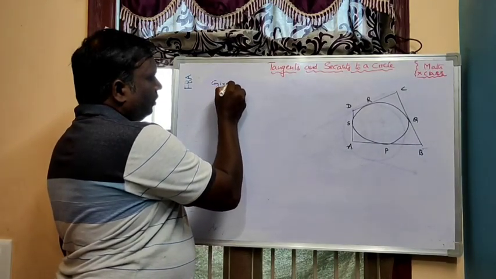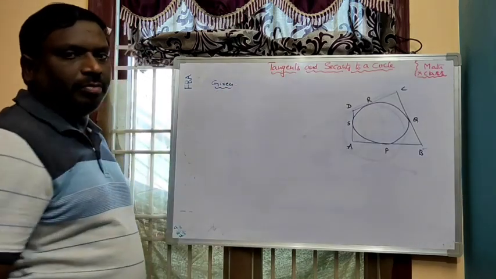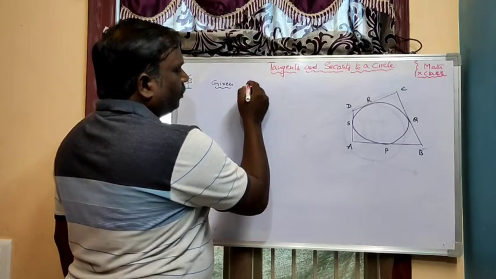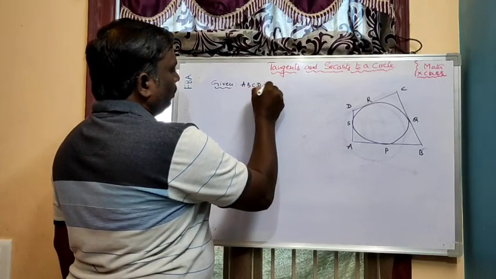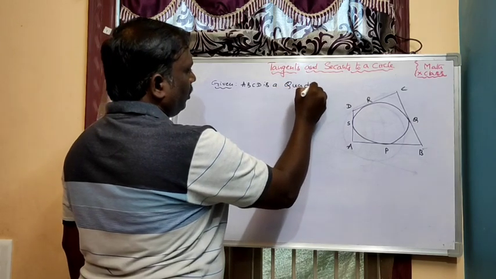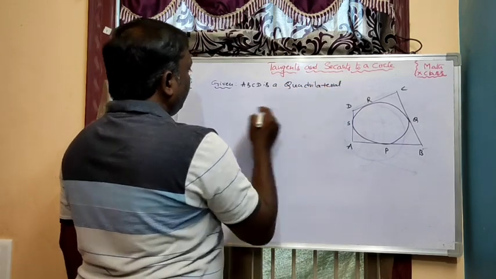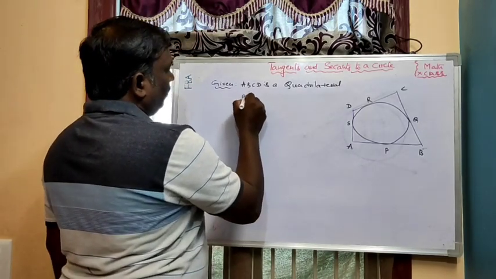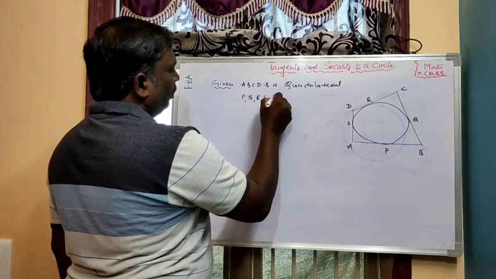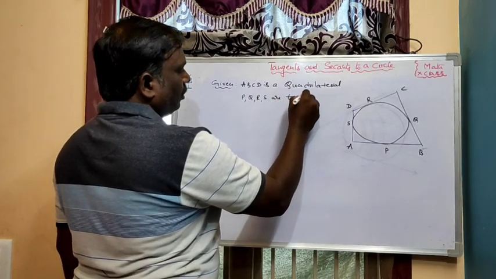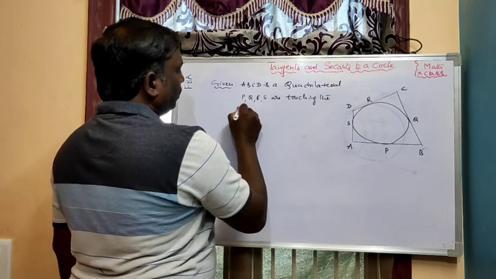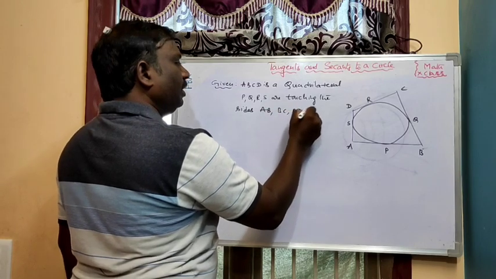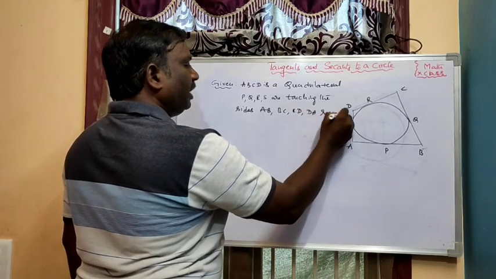I am saying this is one of the important questions for the public exam and a very easy question. Given: ABCD is a quadrilateral and the circle touches the sides AB, BC, CD and DA at P, Q, R, S respectively.